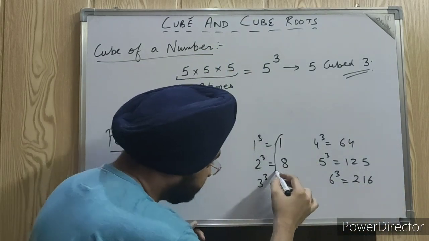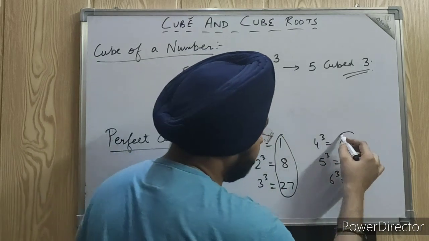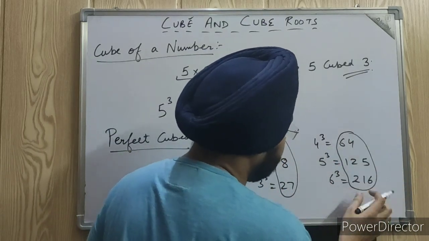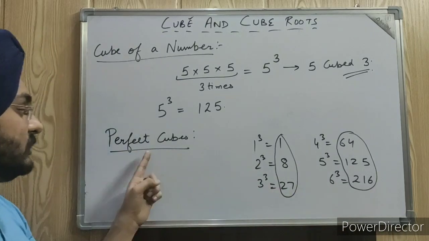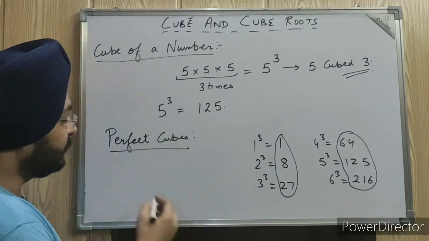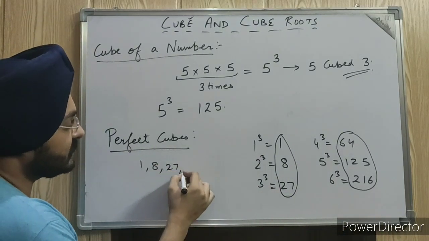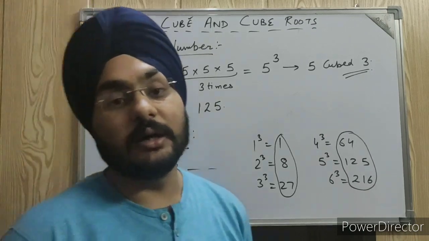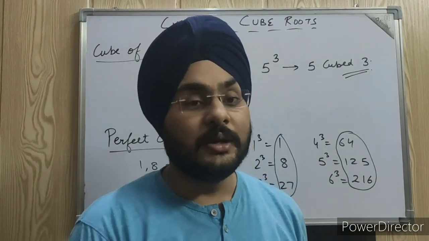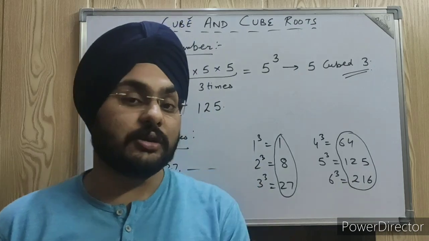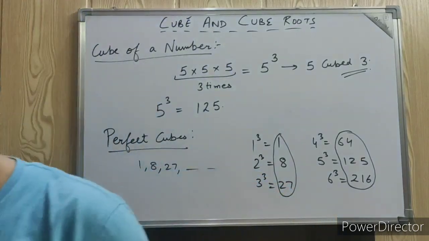All these numbers which are cubes of a number are the perfect cubes. Simply, 1, 8, 27 are all the perfect cubes.